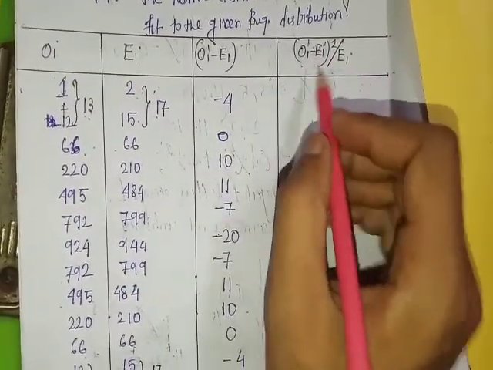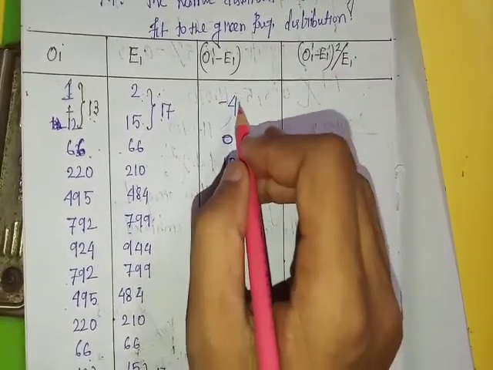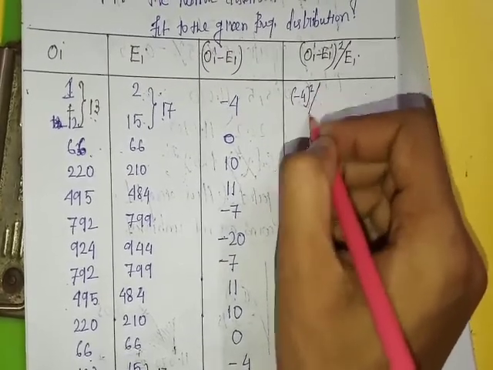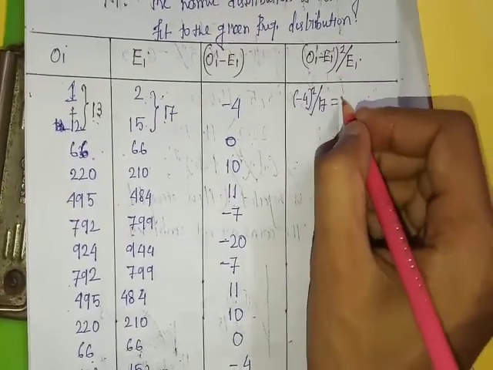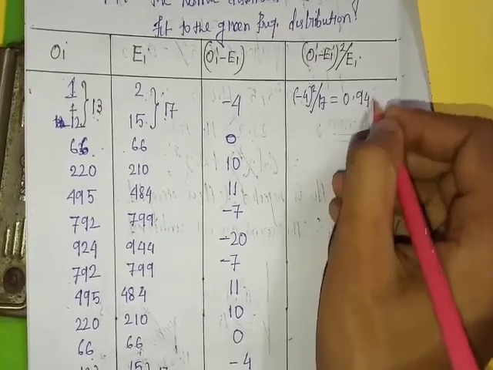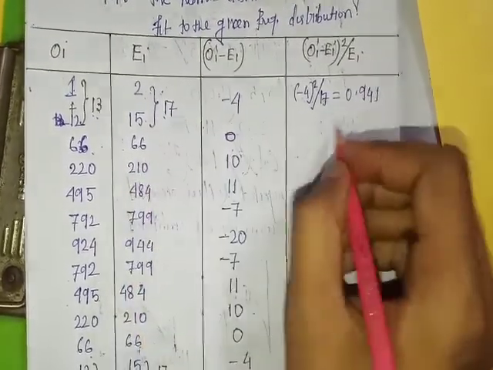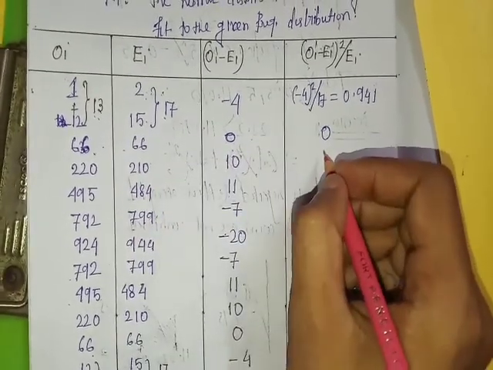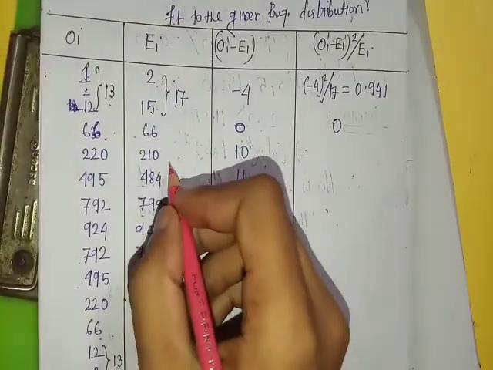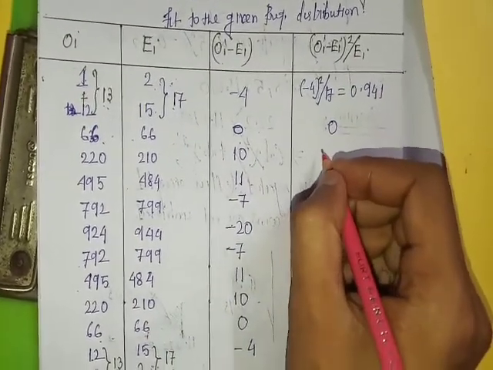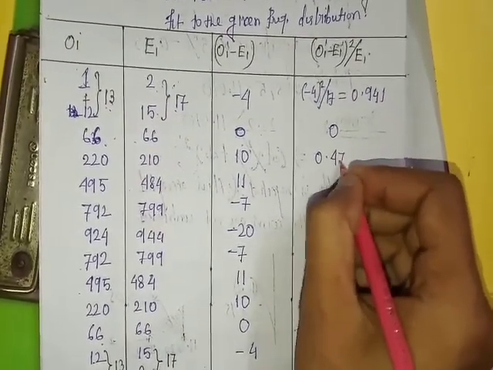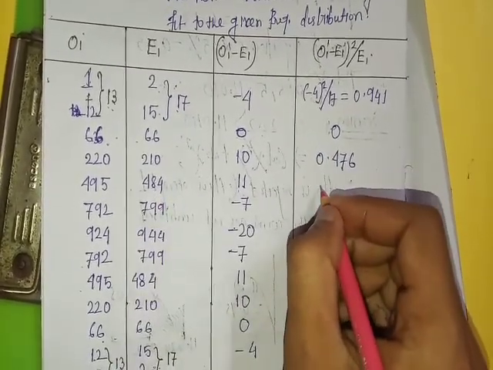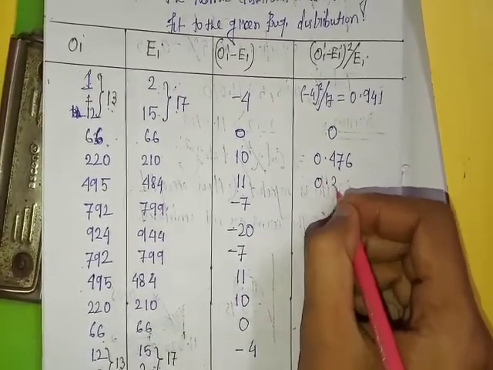Next, Yi minus Ei whole square by Ei. Minus 4 whole square by 17, we get 0.941. 0 square by 66 is also 0. 10 square by 210, we get 0.476. 11 square by 484, we get 0.250.